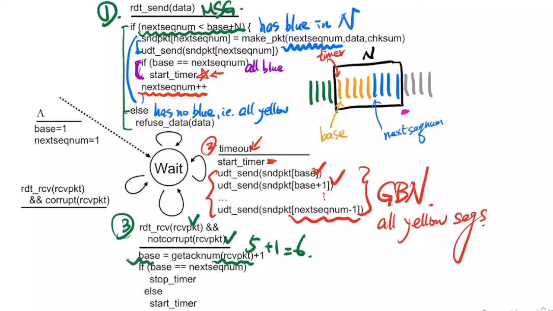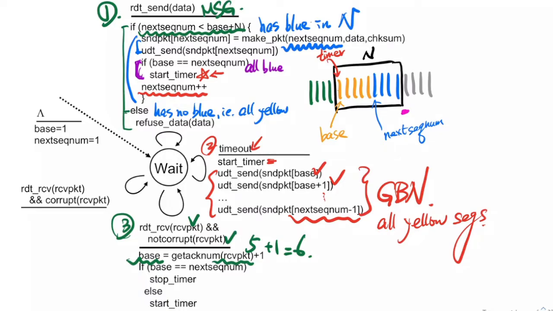That means I will move my window from the current position to the next position, which is 6, right? For this example, I have 4 acknowledged green packets, and currently I receive the 5th acknowledgement, and then I will move my base to the 6th slot, right? So that is the reason.